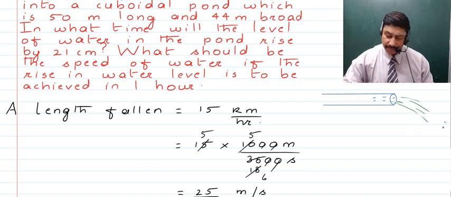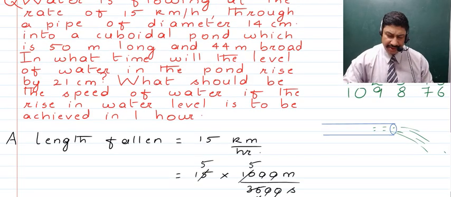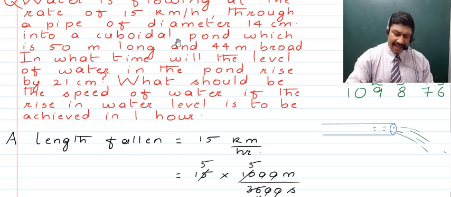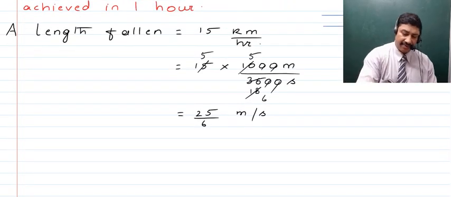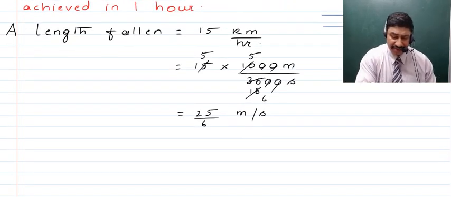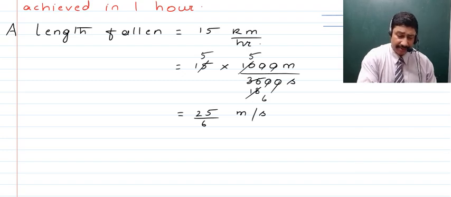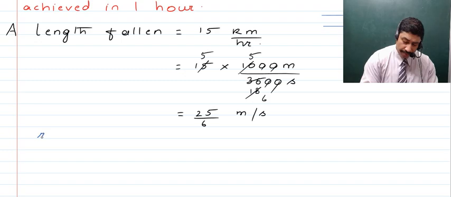Now further, here we've been given a pipe of diameter 14 centimeter. So if you talk about the radius of this pipe, the radius has been given to you to be 7, which will be half the diameter, right? So this is our value. So the radius of the pipe, which is actually cylindrical, is 7 centimeters.